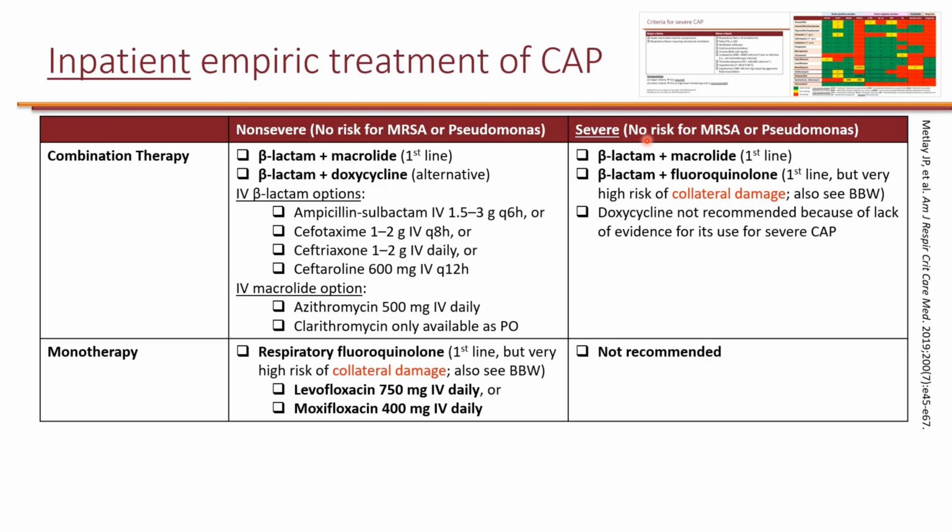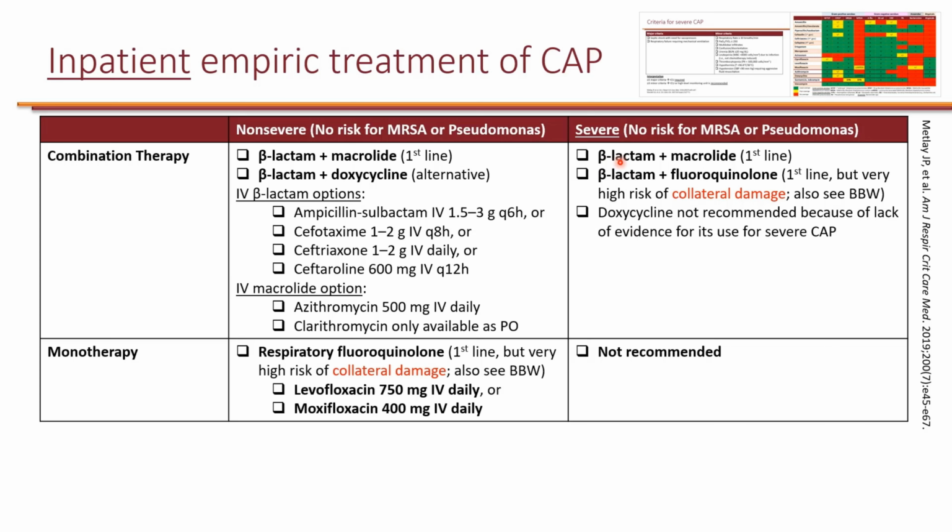Now, when it comes to severe CAP, we actually do not use monotherapy with fluoroquinolones. Because of the increased risk of mortality, we want to make sure that we have a combination that is very likely to be active against the likely causative agent.